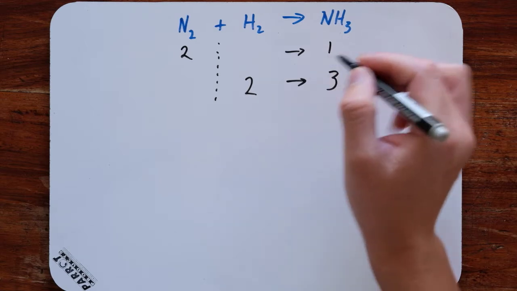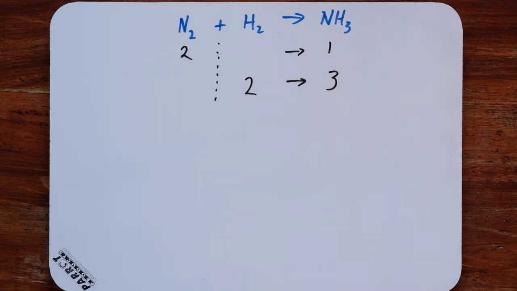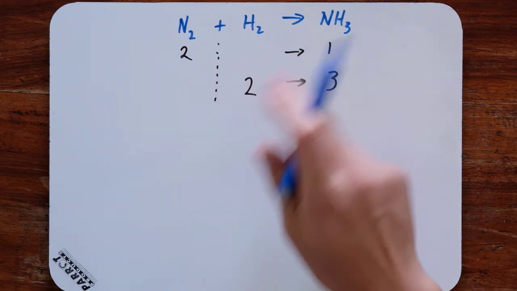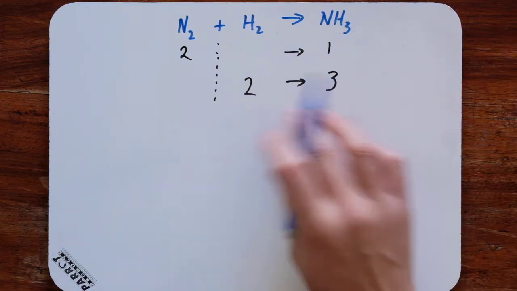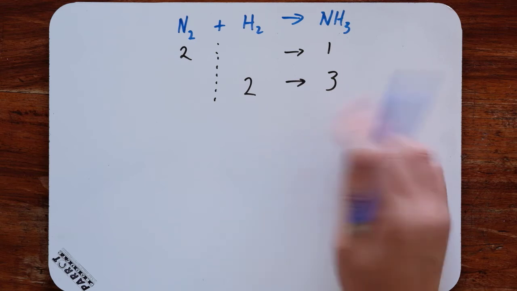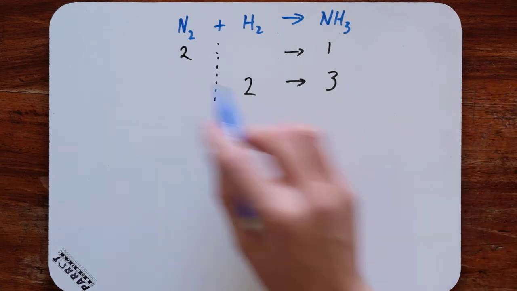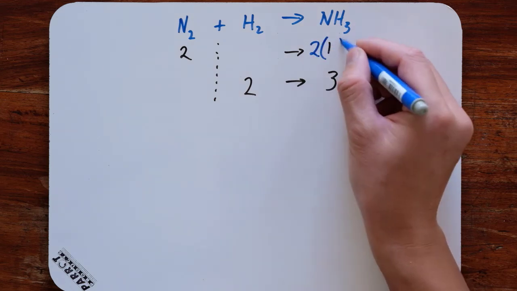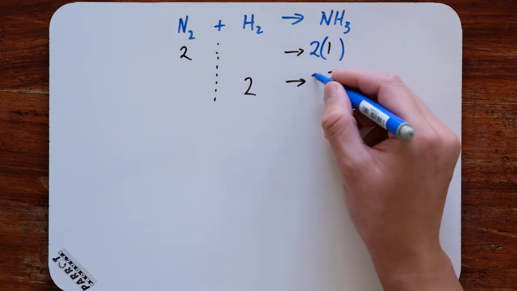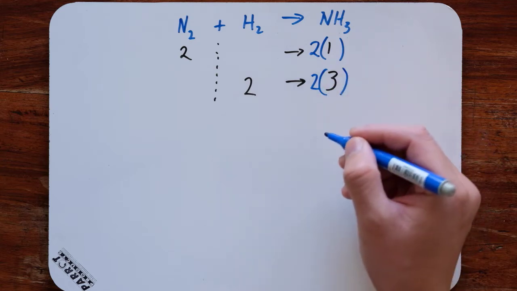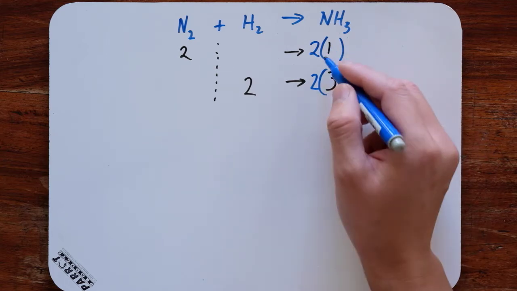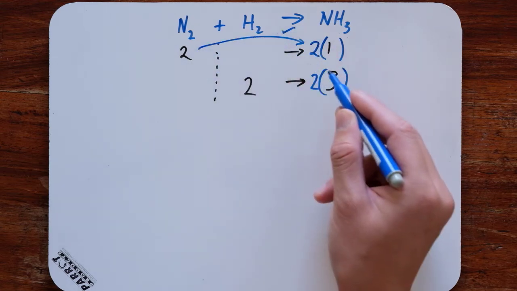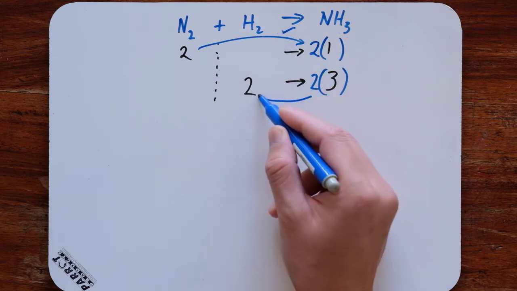So what we can do now is just start somewhere. 2 and 3 don't go in together, so let's not start there. 2 and 1, we can multiply this one by 2. If we multiply this column by 2, we must multiply everything in it by 2. So that means this is 2, this is equal, right? But now this is not equal.